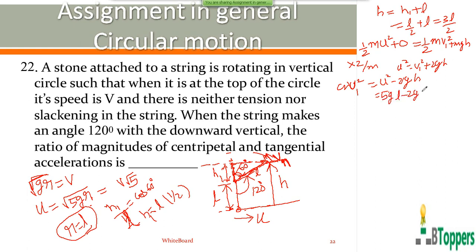And h can be written as 3L by 2. So you get v1 square equal to 5gL minus 3gL, that will be 2gL.